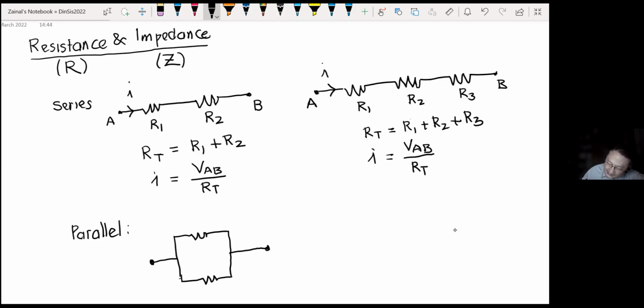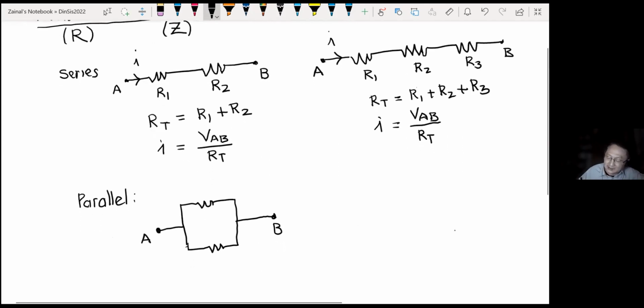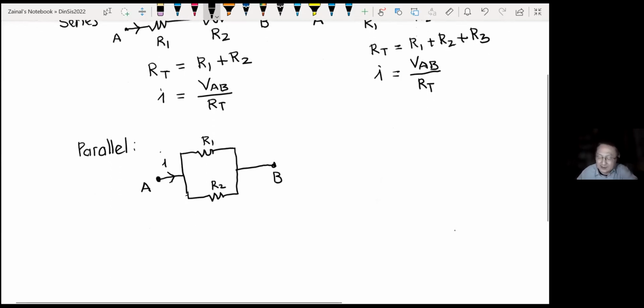This one is A, this one B, and this one is I. Then how you find R total is using this: 1 over RT is equal to 1 over R1 plus 1 over R2.